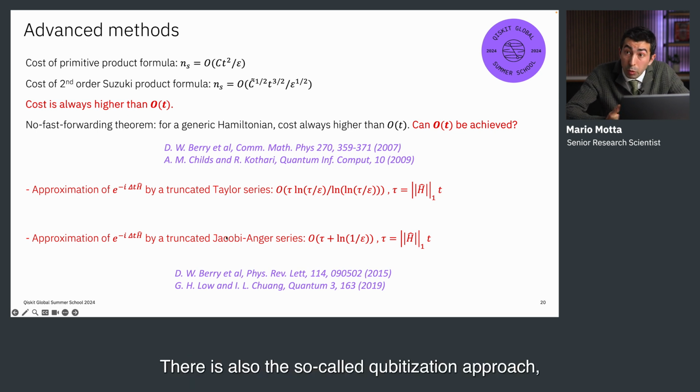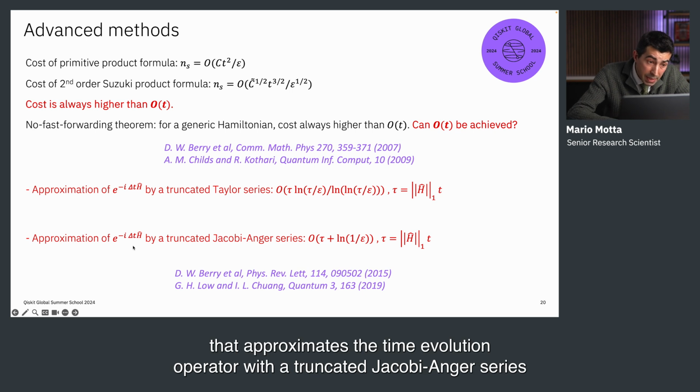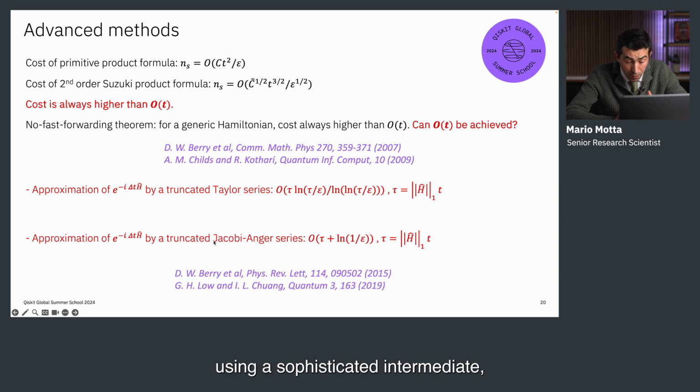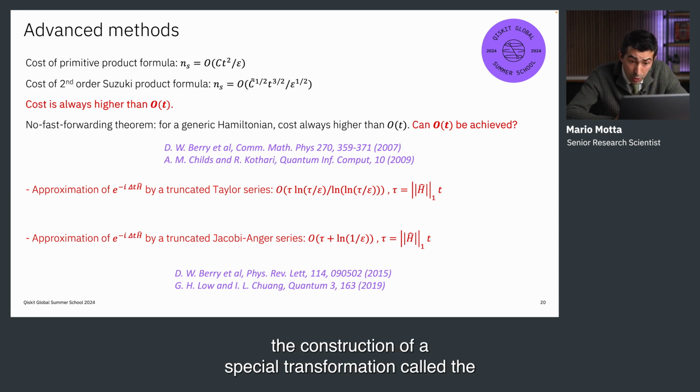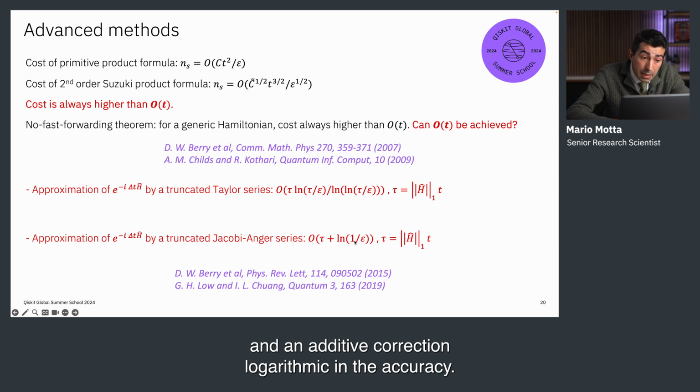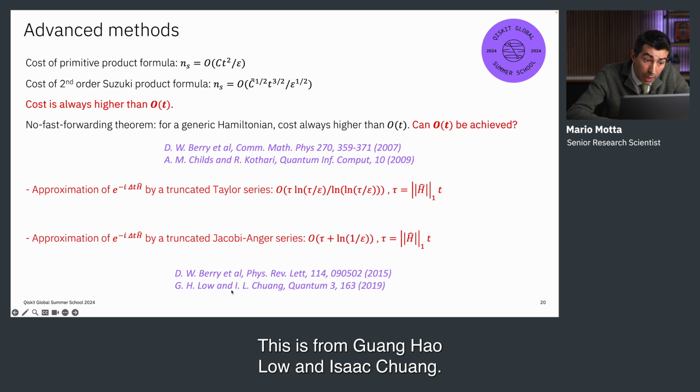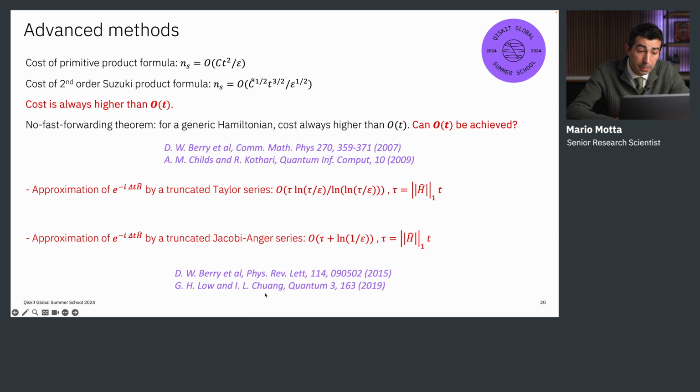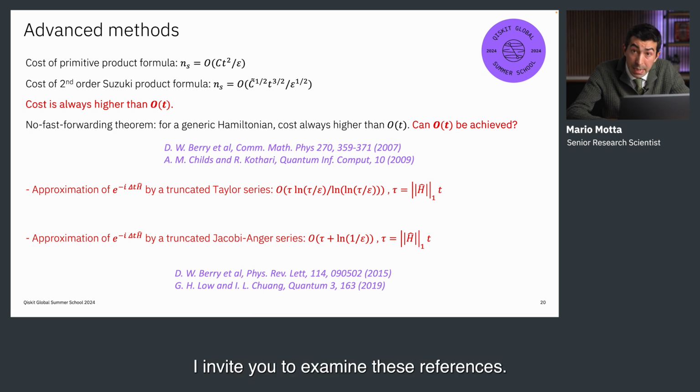There is also the so-called qubitization approach that approximates the time evolution operator with a truncated Jacobi-Anger series using a sophisticated intermediate, the construction of a special transformation called the qubiterate. And qubitization achieves linear cost in time and an additive correction, logarithmic in the accuracy. This is from Guang Hao Low and Isaac Chuang. I invite you to examine these references. These are very fascinating advanced algorithms for Hamiltonian dynamics.